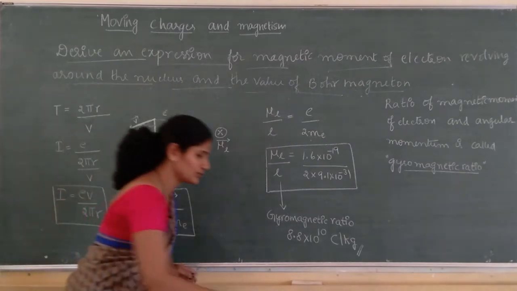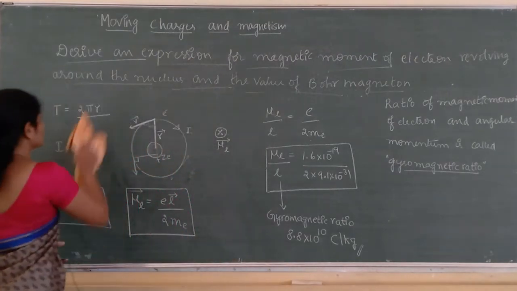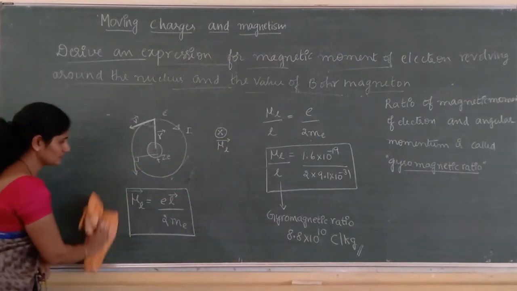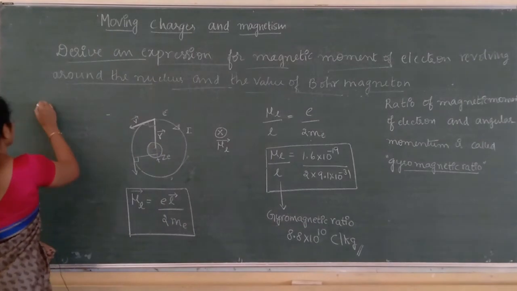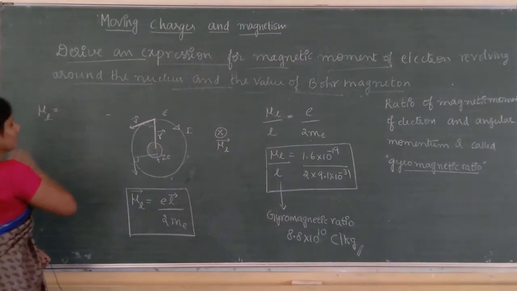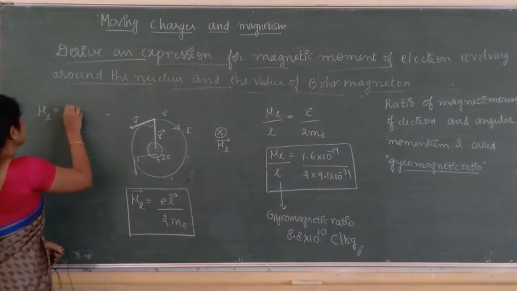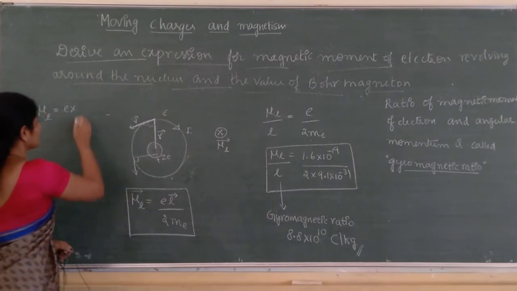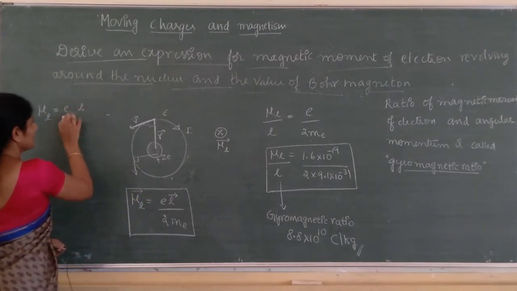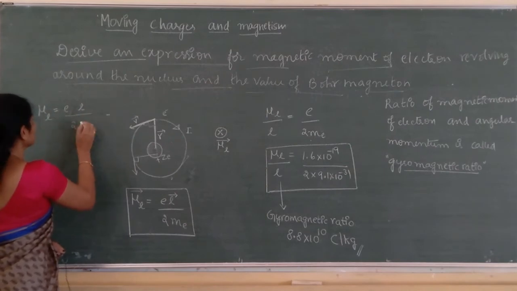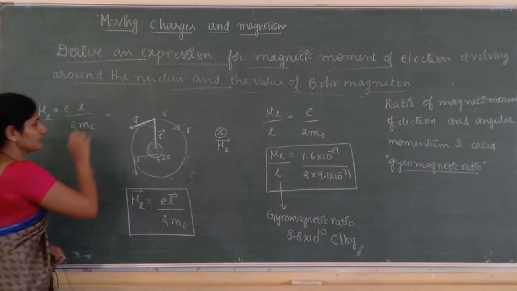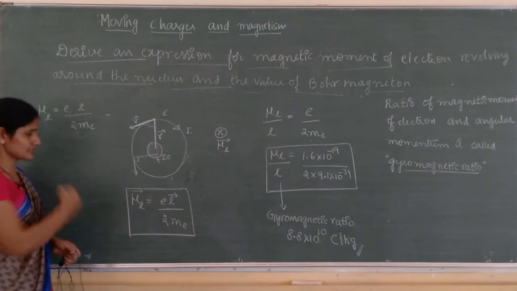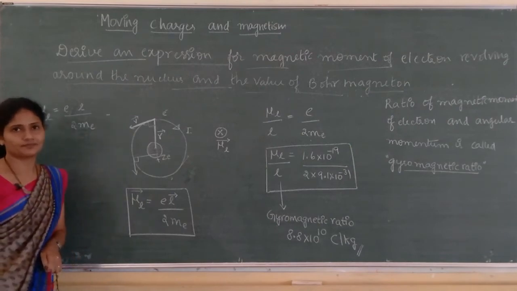Mu L is equal to E into L divided by 2me. L is the angular momentum.